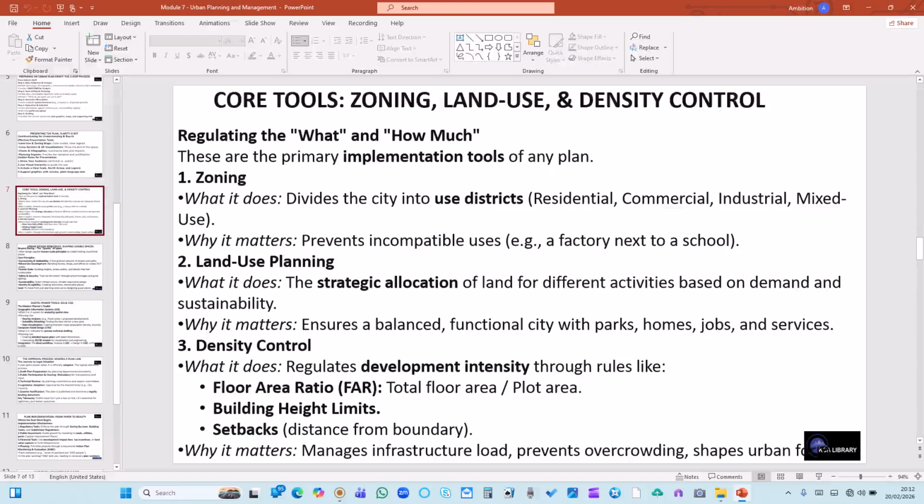Number two tool is land use planning. What it does: it is the strategic allocation of land for different activities based on demand and sustainability. Why does it matter? It ensures a balanced, functional city with parks, homes, jobs, and services. Then number three, the last, is density control. What it does is that it regulates development intensity through rules like floor area ratio, FAR, that is total floor area divided by the total plot area.